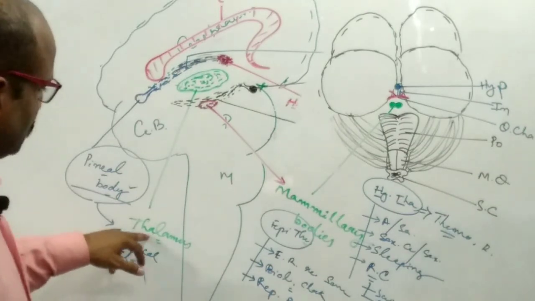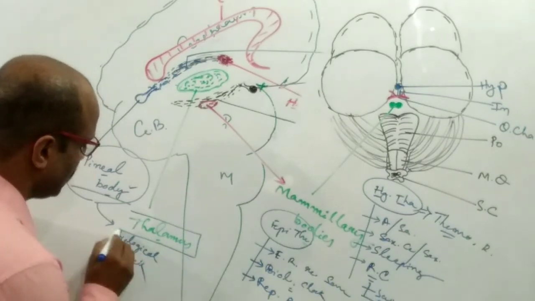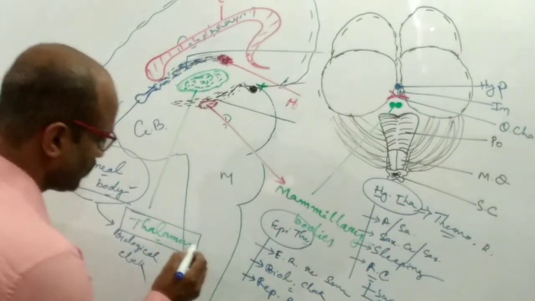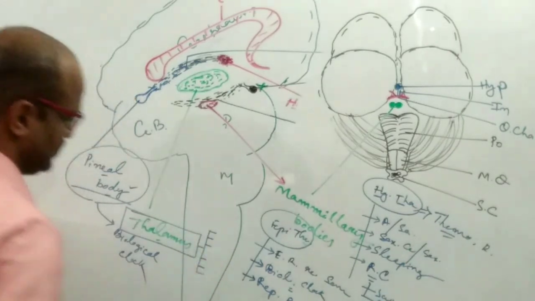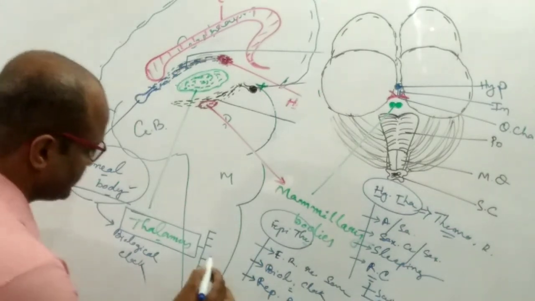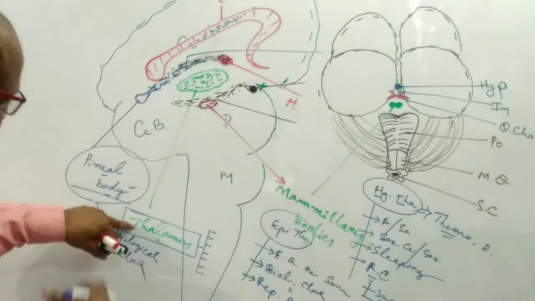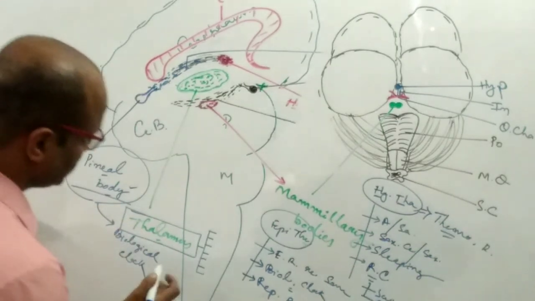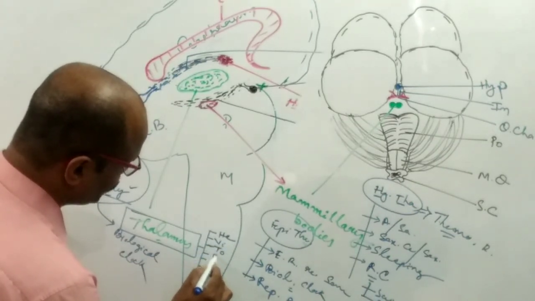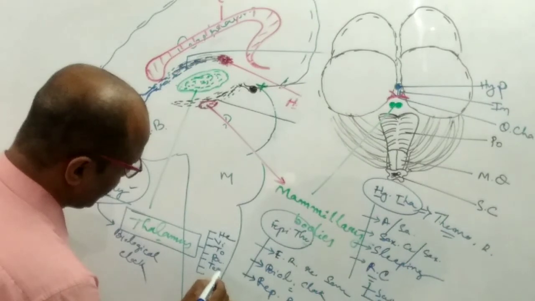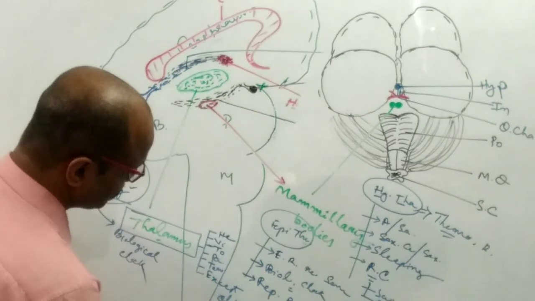Now come to the thalamus. The thalamus contains a number of sensory relay centers. It relays the different somatic sensations like hearing, vision, touch, pain and temperature, except olfactory.